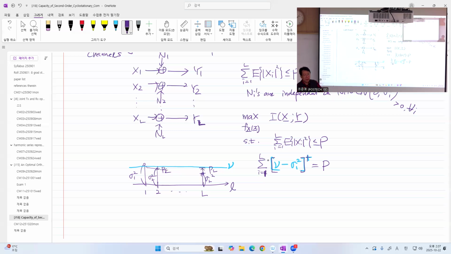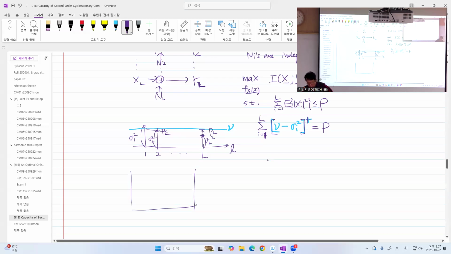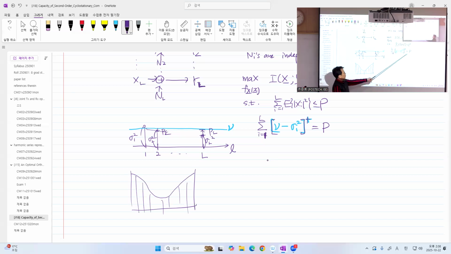And actually, what you need to do is to find the level nu. And this is very similar to water filling. So consider you have some basin with a bottom that looks like this. This serves as the sigma sub i's. Now you have a finite amount of power, in this case an amount of water, P. Now you pour the water under the gravitational pull.